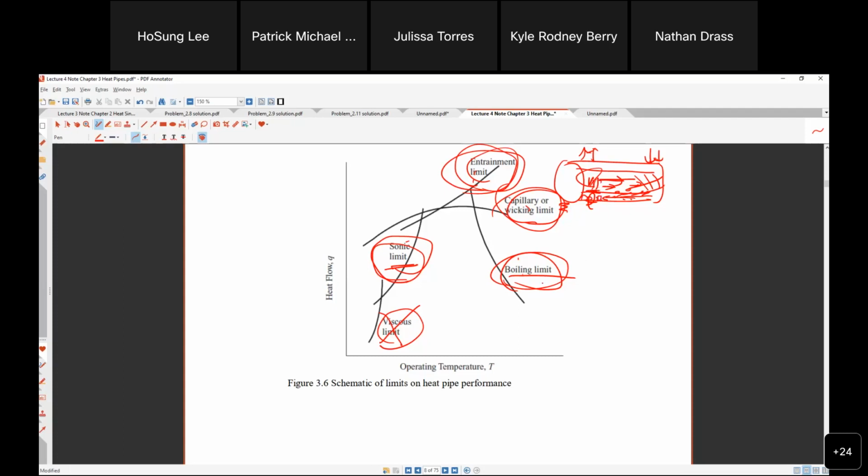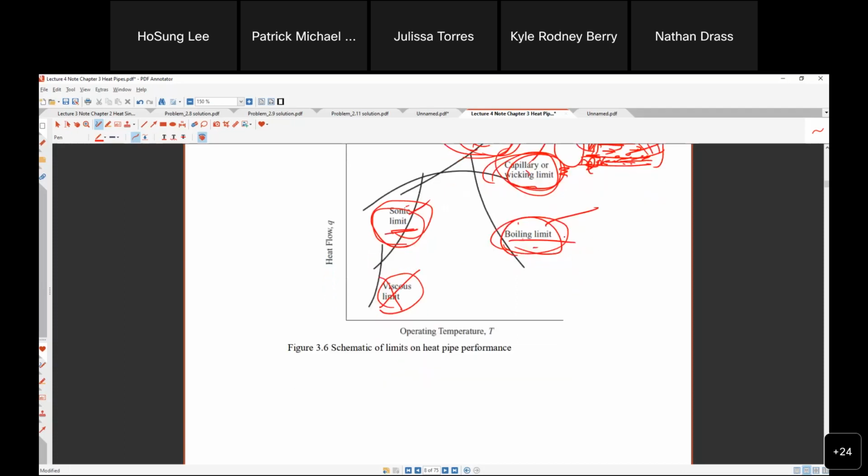So boiling and evaporation are different. In boiling, the vapor blocks the liquid flow. So that's the limitation. No good. Once it's happened, no good. You have to maintain under this limit. So it's very important to calculate this limitation.